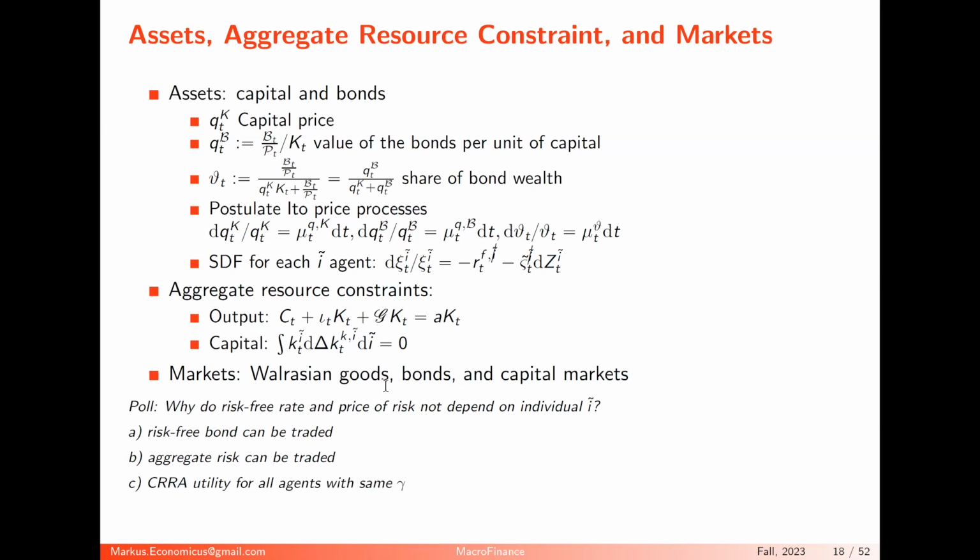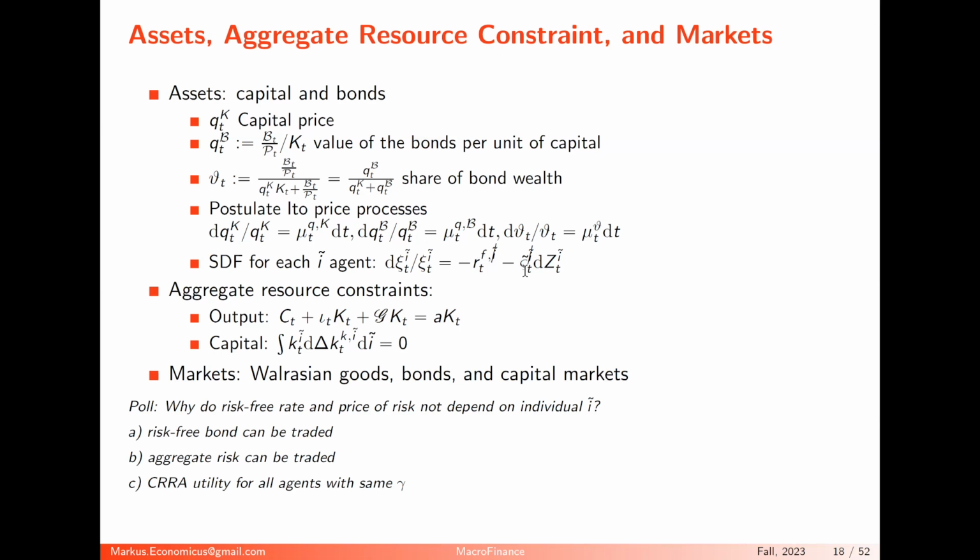So here's a poll question. This was indexed by i, and I scratched it out. Why do the risk-free rate and the price of individual risks not depend on individual i's? Of course, if I have here the SDF, that's the individual SDF, why does it not depend on the individual i's?